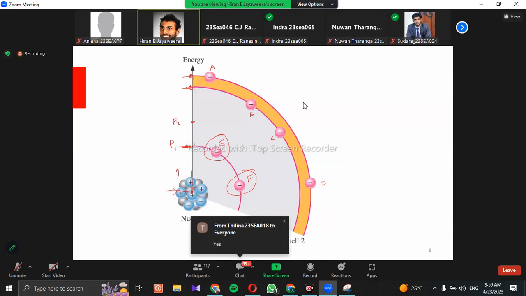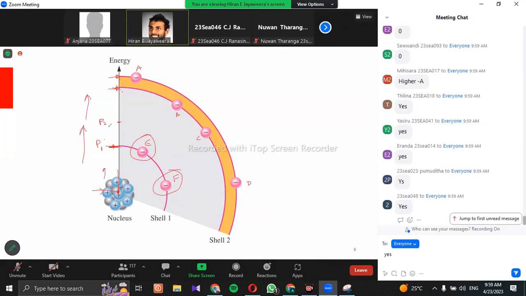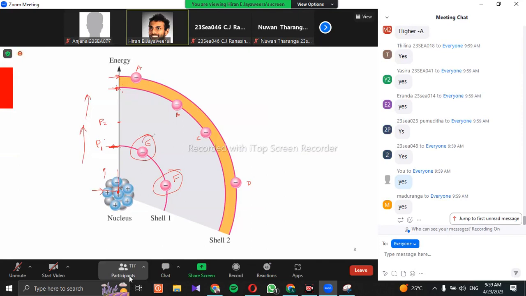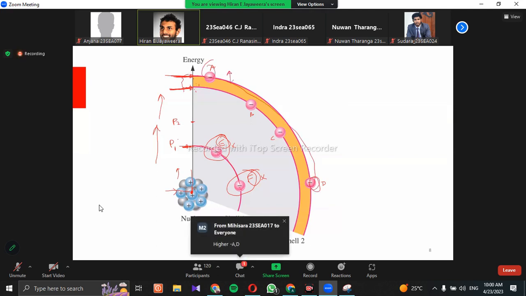Because energy is increasing as you go in the radial direction. Okay, good. So that answer is not acceptable. These are the ones with the lowest energy level, and their energies are fixed. Then in the valence band, we have two splittings here. This one has a lower energy level and this one has a higher energy level. So A and D have the highest energy levels, and B and C have a little bit lower energy level. Is it clear?